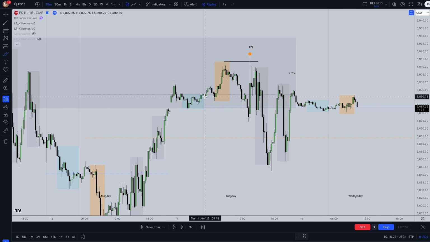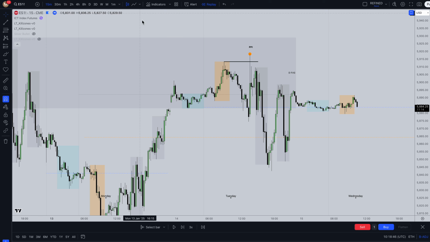Daily open here. Price has gone ahead during the economic news release and swept out liquidity. You can go ahead and backtest this, but when a specific news release like PPI comes out and wicks above liquidity, a lot of the time this will denote a higher day for us.